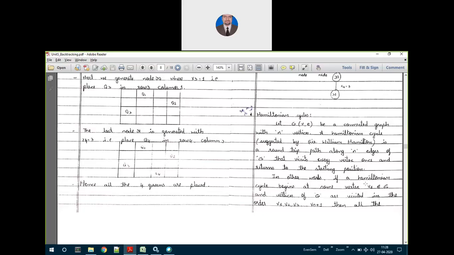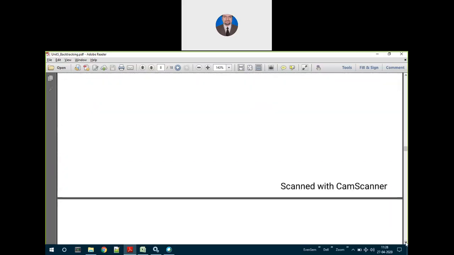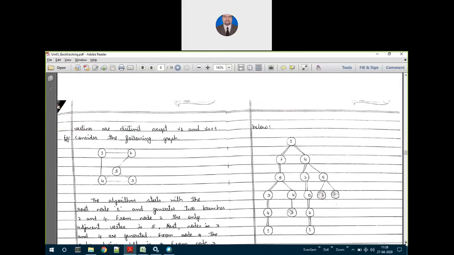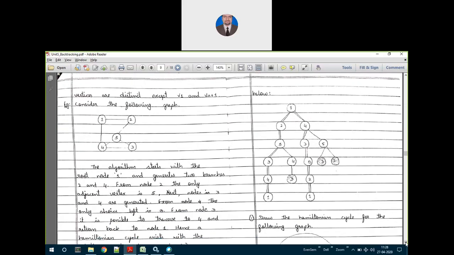In other words, if a Hamiltonian cycle begins at some vertex V1 which belongs to the graph G, and vertices of G are visited in order V1, V2, V3, ... until Vn+1, then all the vertices are distinct except V1 and Vn+1, because V1 is the starting vertex and Vn+1 will again be the starting vertex.